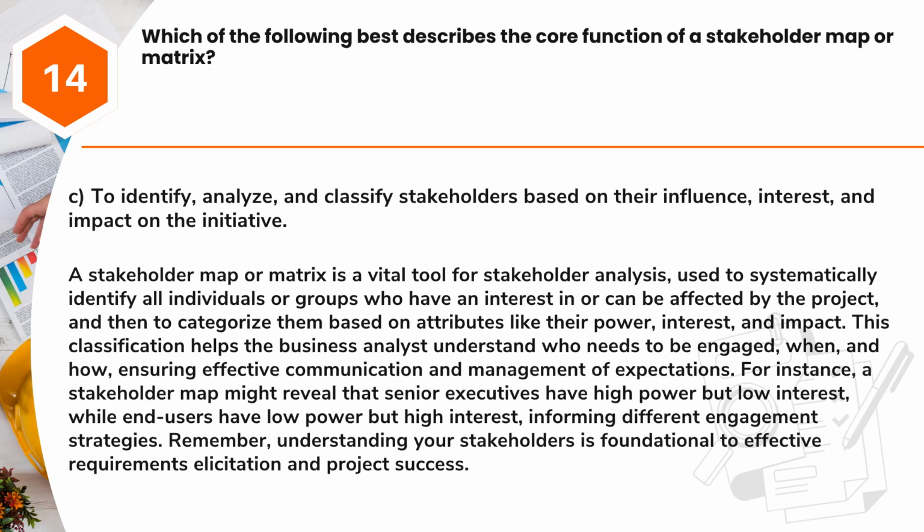Answer: C. To identify, analyze, and classify stakeholders based on their influence, interest, and impact on the initiative. A stakeholder map or matrix is a vital tool for stakeholder analysis, used to systematically identify all individuals or groups who have an interest in or can be affected by the project, and then to categorize them based on attributes like their power, interest, and impact.